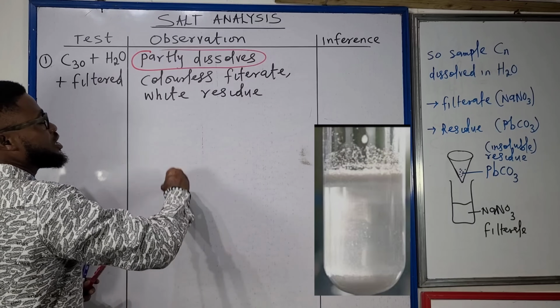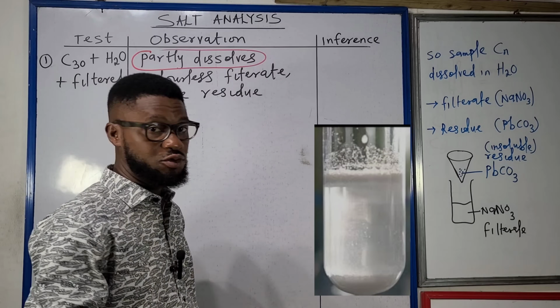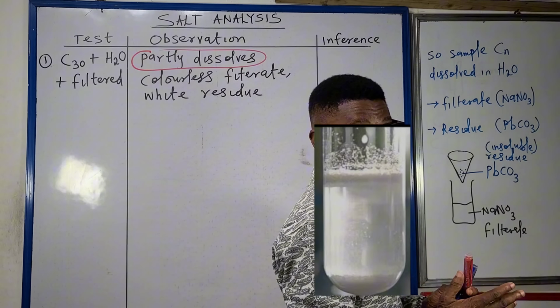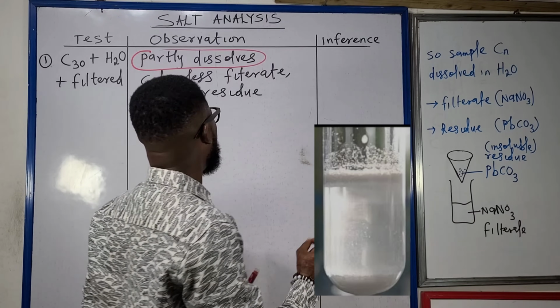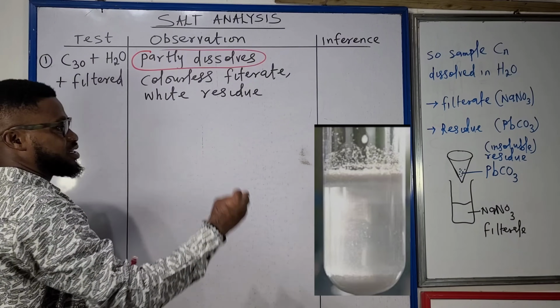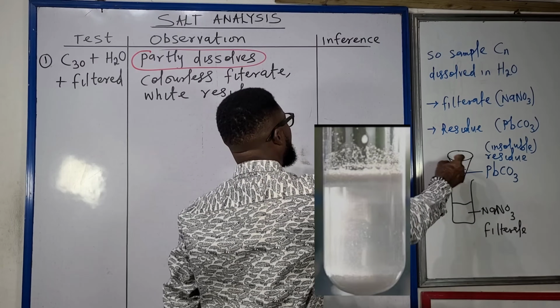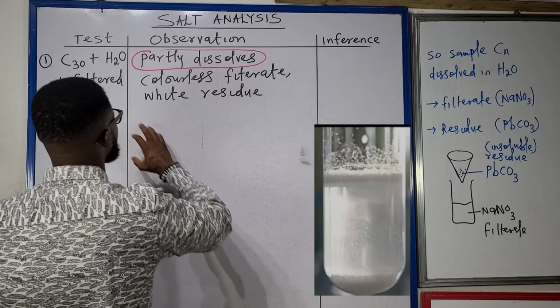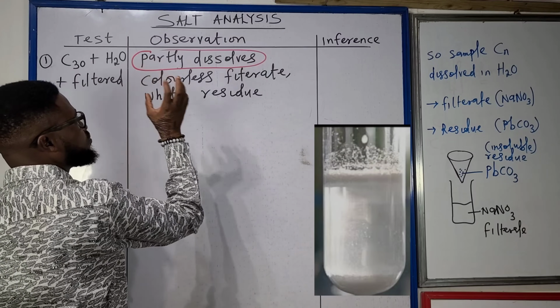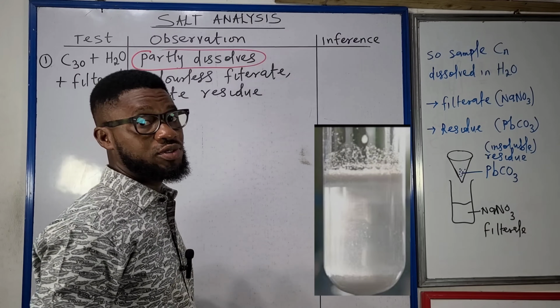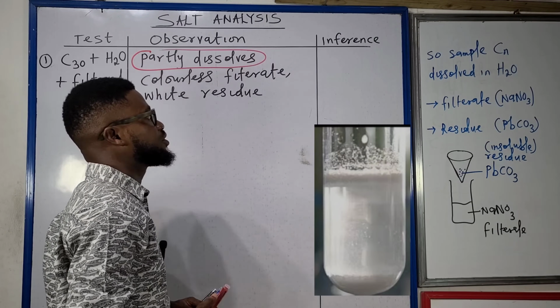So in this case, you're going to have a colorless filtrate, just like the color of water, colorless, and then you're going to have a white residue on the filter paper, in which case you have carried out the test, you've been able to record your observation using the right words.